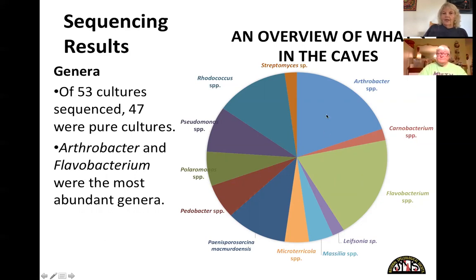I want to point out two additional genera in here that are of interest that are related to white nose syndrome and its treatment. So besides UVC as a treatment, we've also been investigating over the last few years the use of bacteria that actually live on the bats.